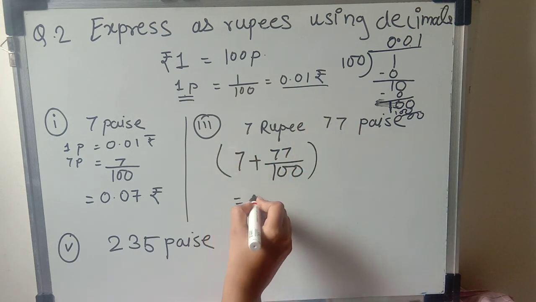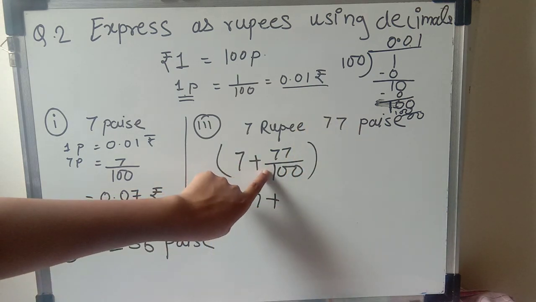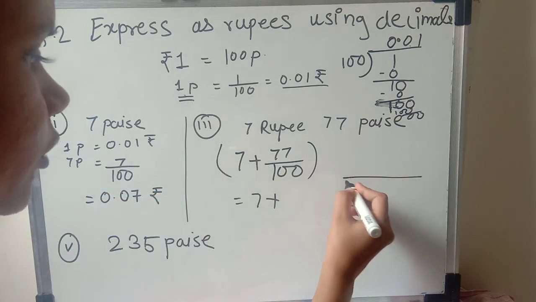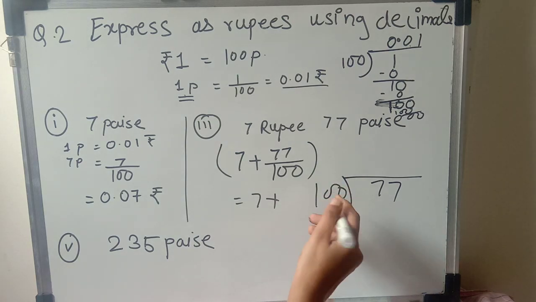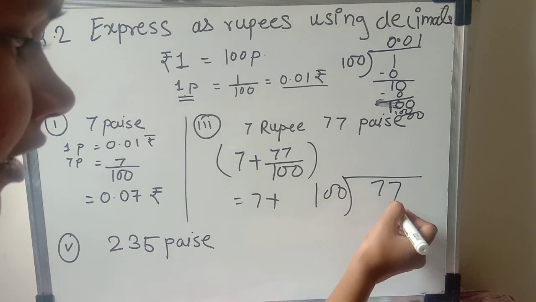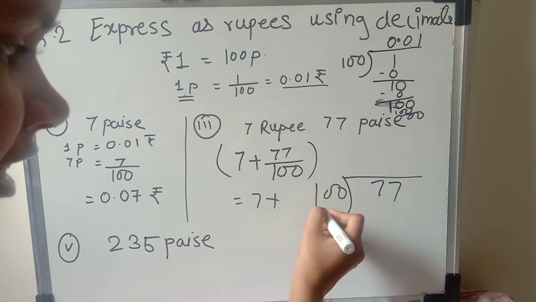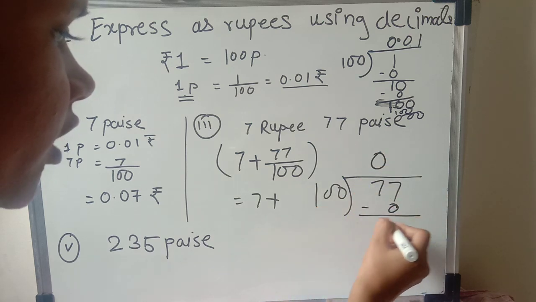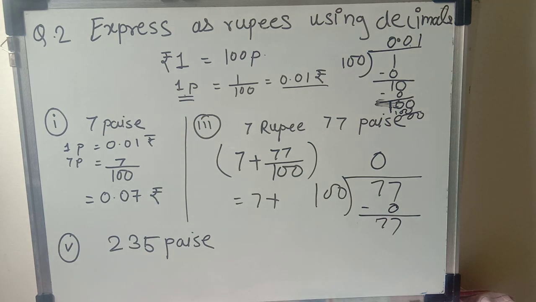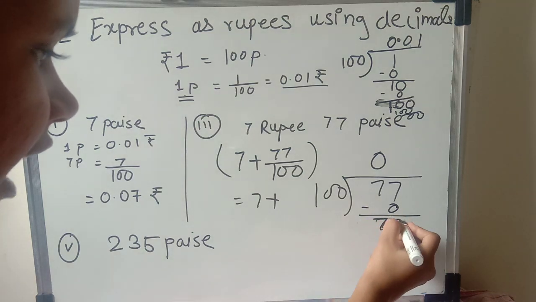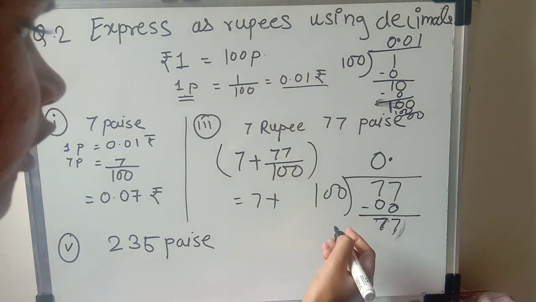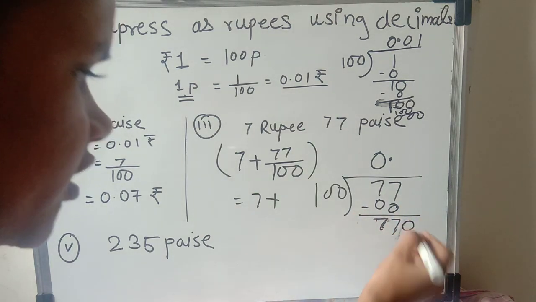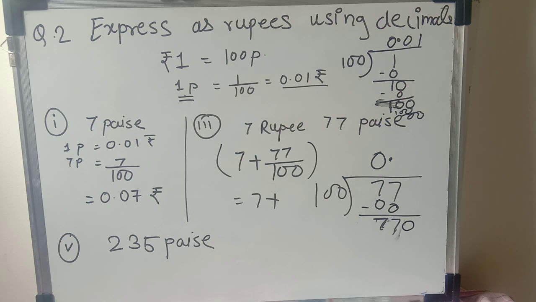So here 7 as it is plus 77 divided by 100. What value will come? Here I will do the division once again. We can't divide 77 with 100 because 77 is less than 100, so let's divide with 0. Here you will get 77 as it is. Here take the decimal, and you will have to take 0 after the decimal.